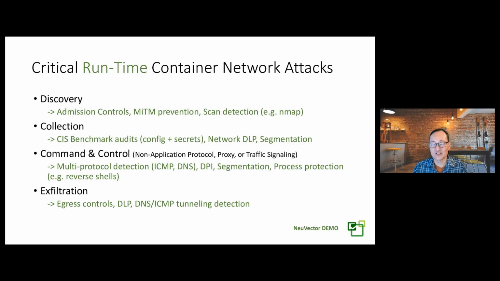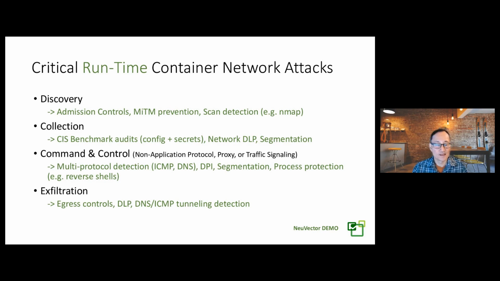Application segmentation, making sure the proper application protocols are used. And then we also look for known suspicious processes like reverse shells that are often used to connect to command and control services. So it's really a combination of the network and the process activity that we're looking at for this technique.